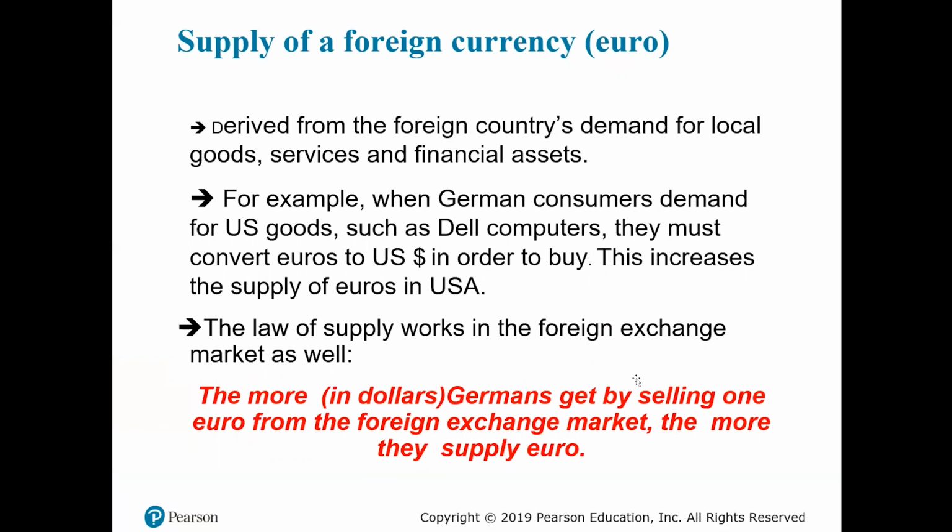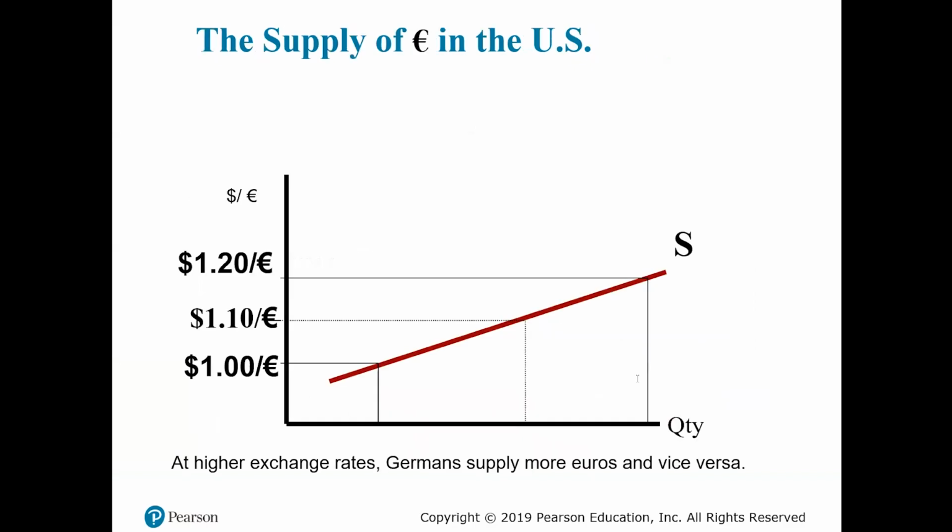The more Germans get by selling 1 euro in the foreign exchange market, the more they supply euro. At a higher price of euro, by selling 1 euro, the people of Germany can get $1.20. When they get only $1 for a euro, they sell much less.